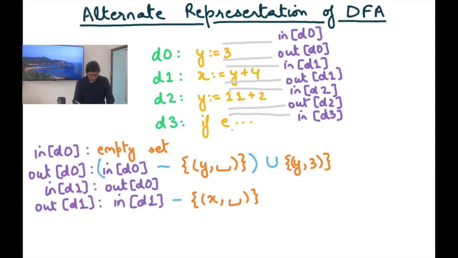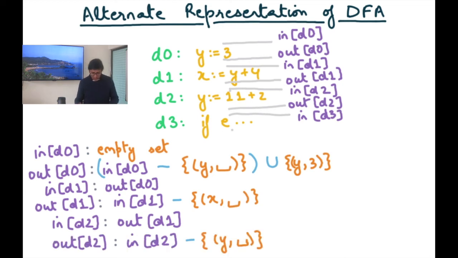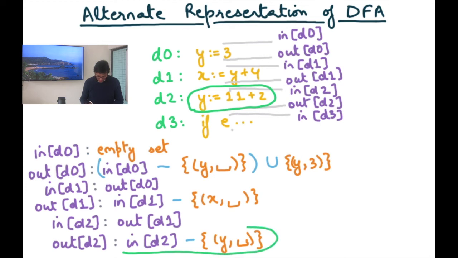Okay, so let's go with option 2 for now, because I wanted to motivate the structure. So let's go with option 2, and then in D2 is just out D1. That's really easy. And then out D2, we want to have the same structure. D2 is nothing but y colon equals y plus z, and that's just in D2 minus y comma star, right?